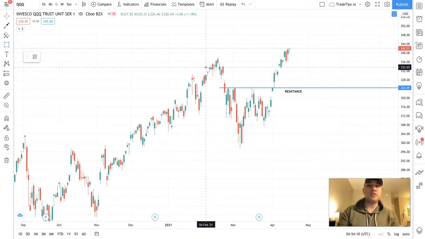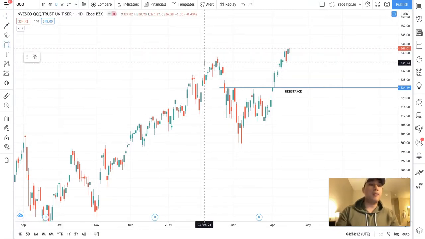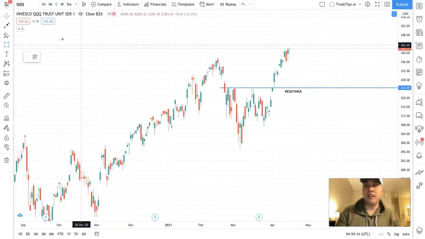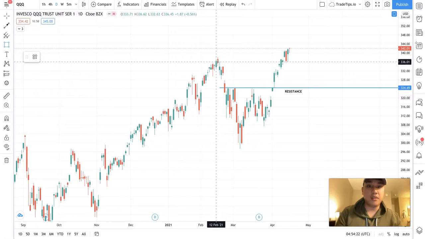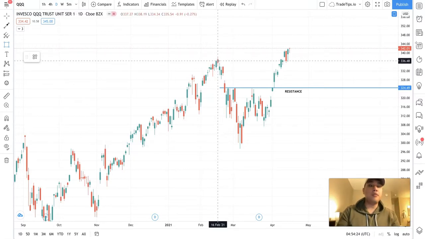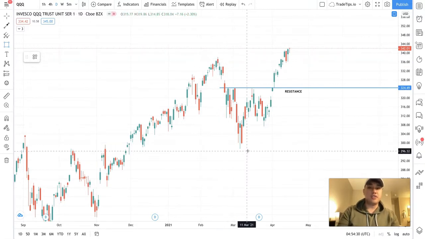So sometimes I like to just make a zone where it could be approximately here. So I want to go ahead and label this as a resistance zone, because we can all probably admit that this price area was super important because it caused a rejection to lose this much in the market.